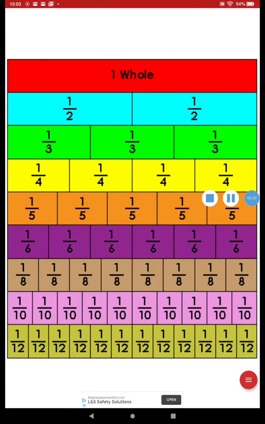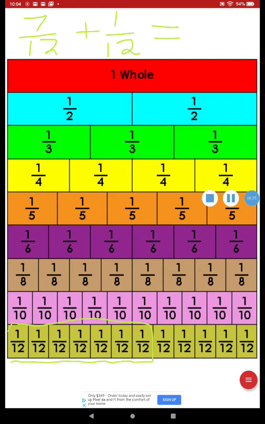One more thing we're going to do is prove it on our fraction number chart. All right, so I said before, 7/12 plus 1/12. What does that equal? Well, we already figured out it's 2/3. Let's prove it. Let's count out 7 of the 12s. 1, 2, 3, 4, 5, 6, 7. Circle that.